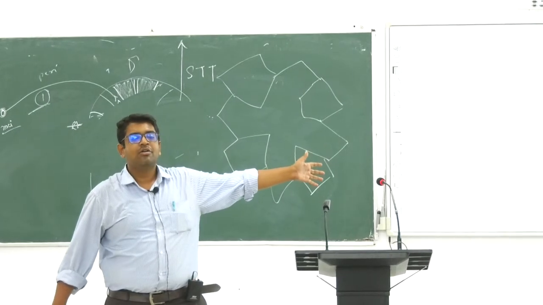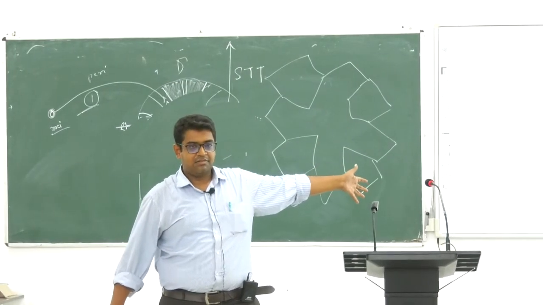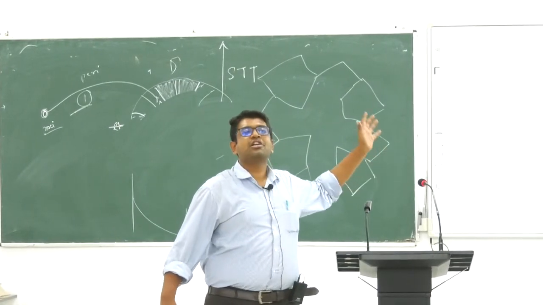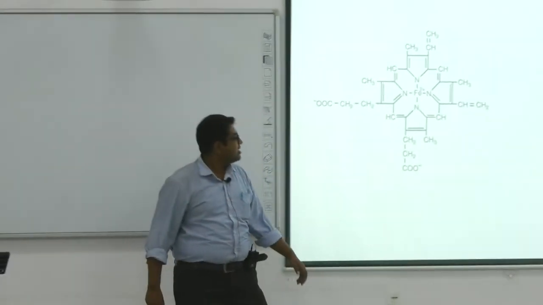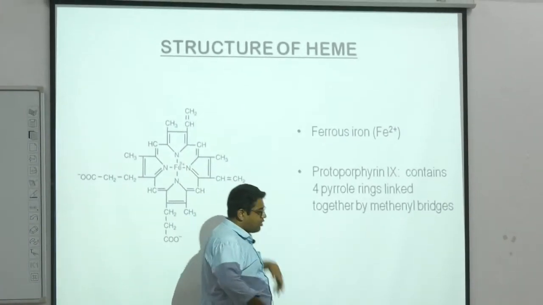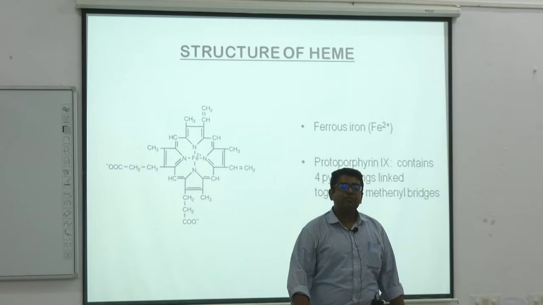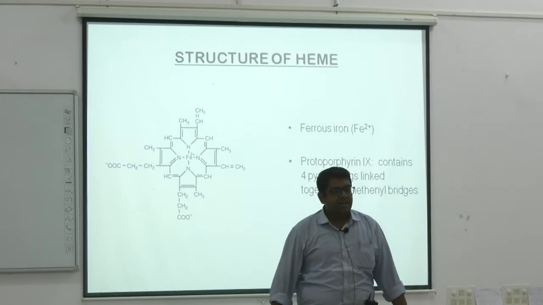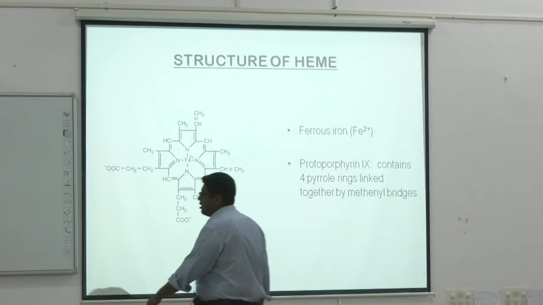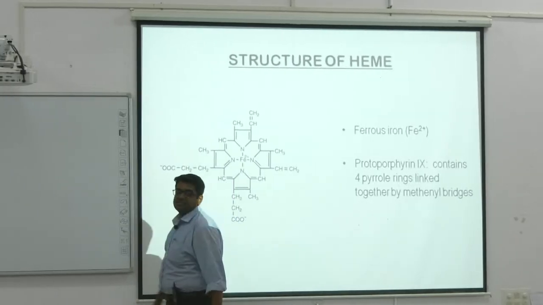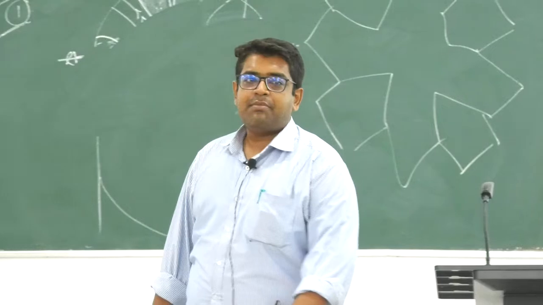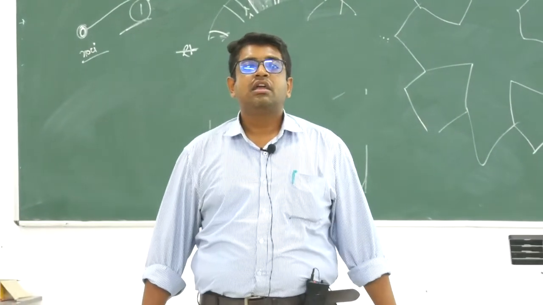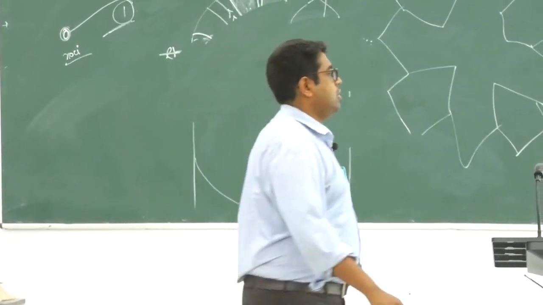Just draw 4 pentagons. At your stage, we are not worried whether you were able to write these side chains or not, whether you placed these double bonds correctly or not. What we expect of you is that you should be able to draw these porphyrin rings and cohere them together to be able to draw the structure of a hemoglobin molecule.